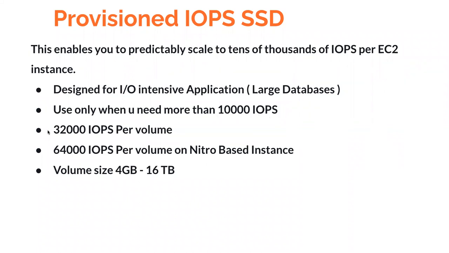You can use up to 32,000 IOPS per volume, and for a few Nitro based instances, up to 64,000 IOPS per volume. Volume size minimum is 4 GB and the maximum is 16 TB for this provisioned IOPS SSD. Short name is IO1.